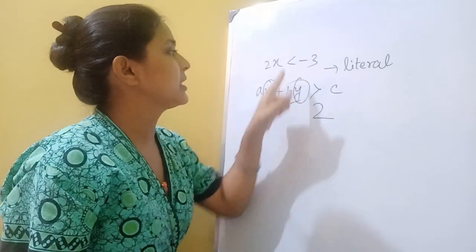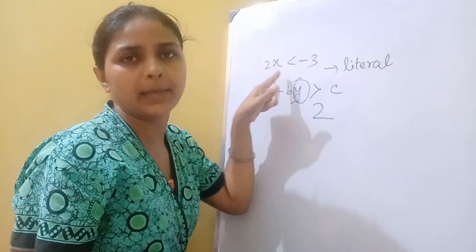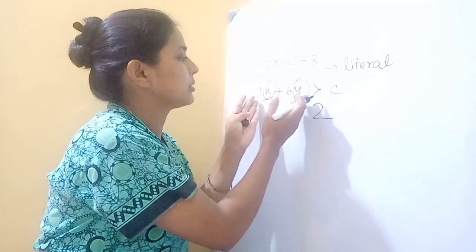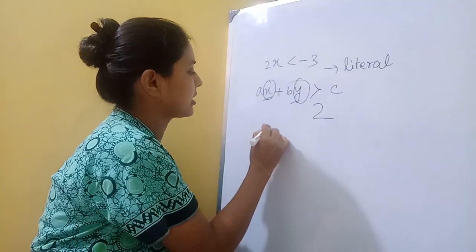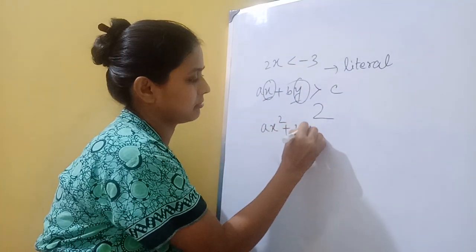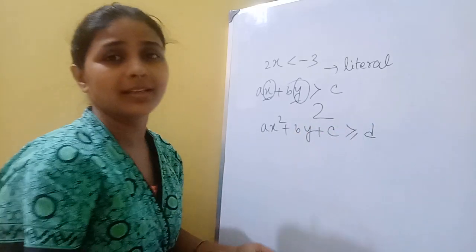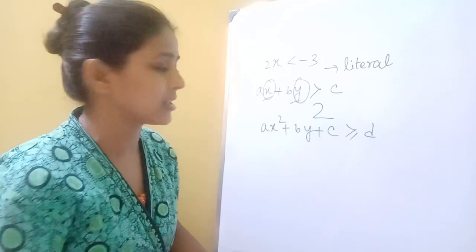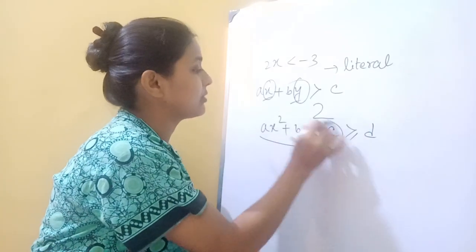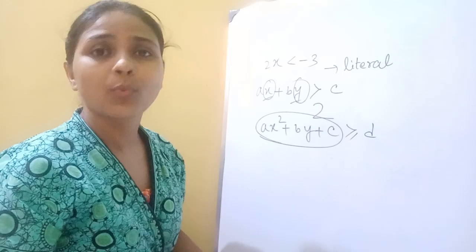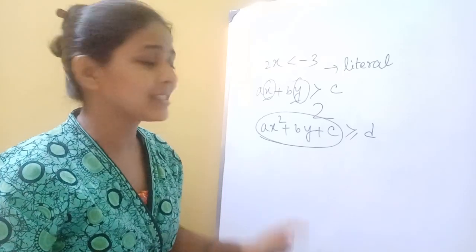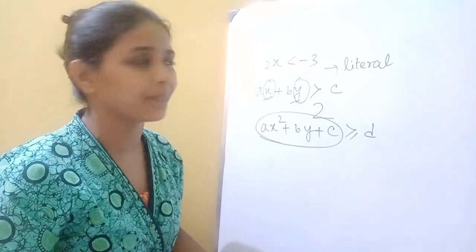So these are two different types. You can now construct your own. Suppose this one, greater than or greater than equal to b, like this. Anything you can construct. Then we will tell this one, what? This is a quadratic inequality.